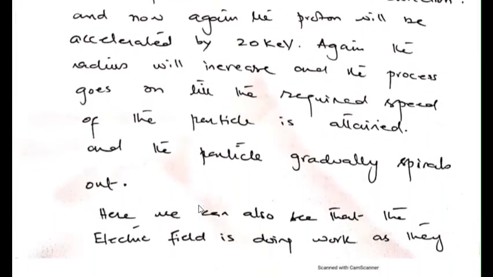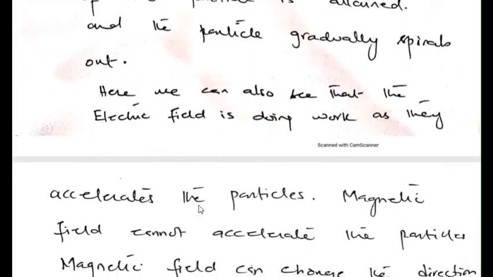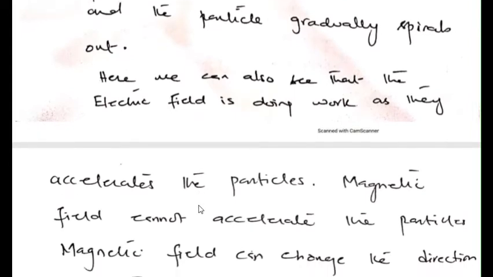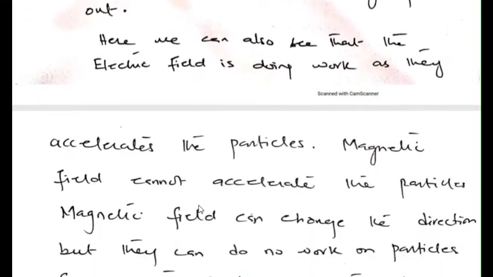So this is how a cyclotron works, and just a point to remember is that the work is done by the electric field only, because this electric field is accelerating the particle. The magnetic field cannot accelerate the particle.